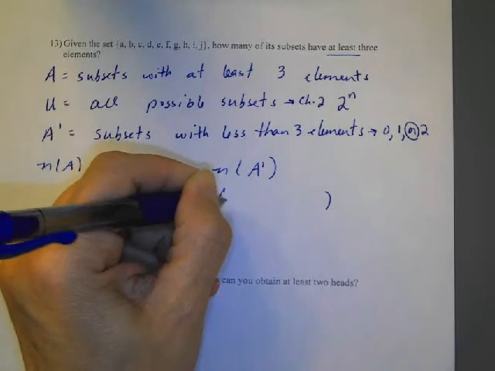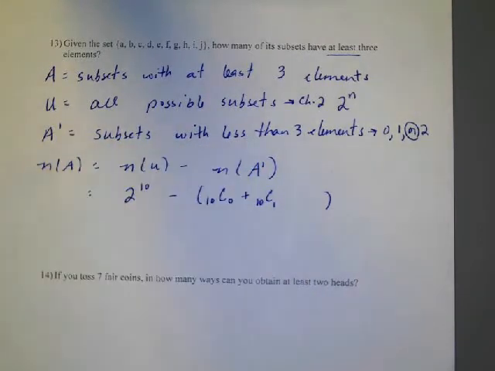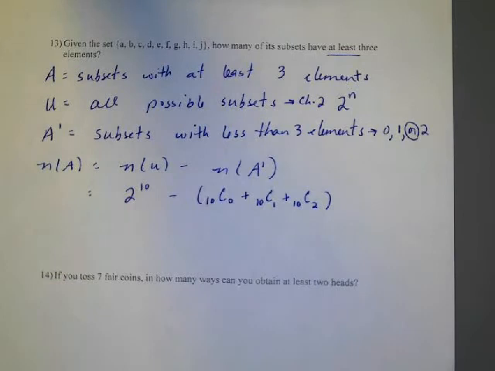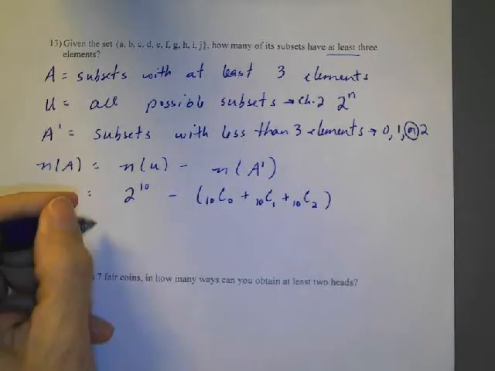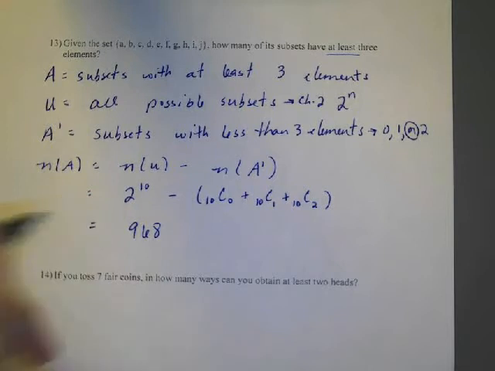It's 10C0 plus 10C1 for how many subsets include one element, plus 10C2 would be how many subsets starting with 10 letters would have 2. If we work this out, we get 968.